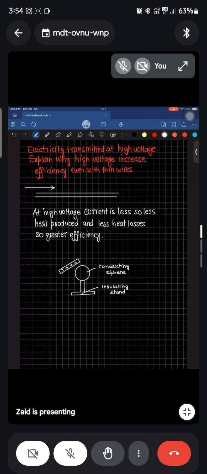And this is an uncharged conducting sphere with an insulating stand. So describe how to charge the sphere using a wire connected to earth.